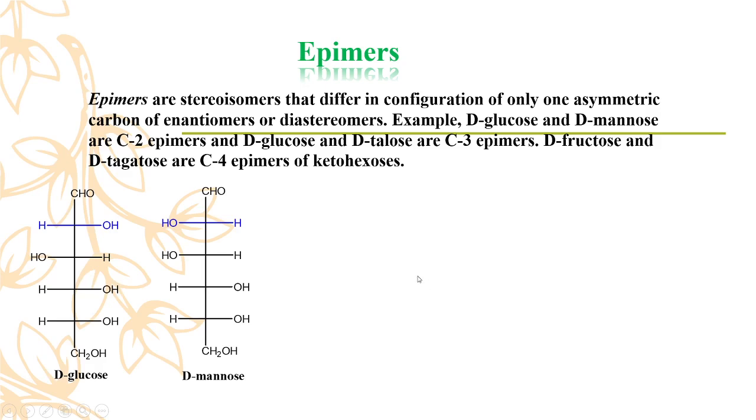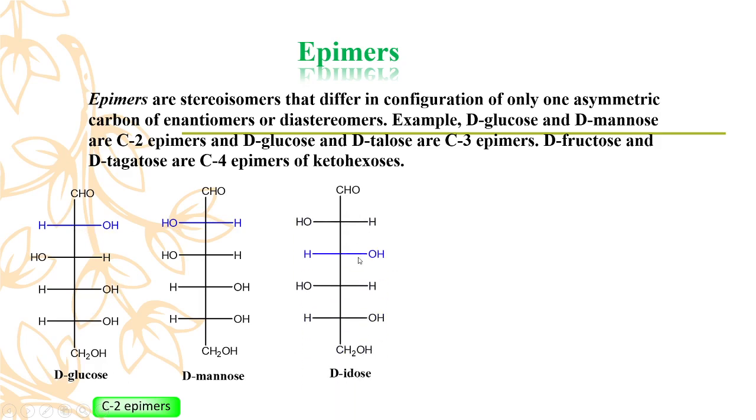Okay, so these are the C2 epimers because the difference in configuration is at the second carbon. This is D-idose; here we write the third carbon and this OH group is on the right hand side, and in D-talose the OH is on the left hand side.